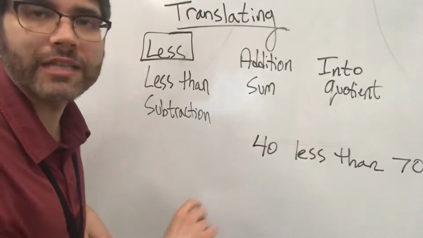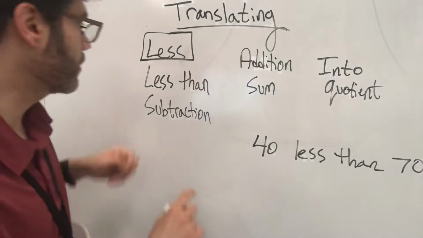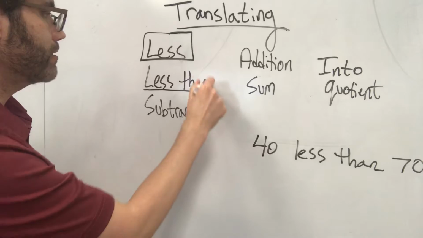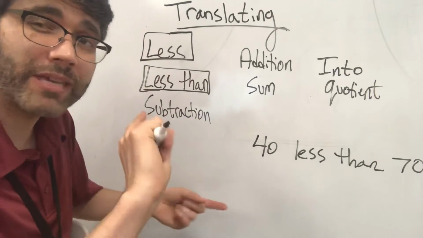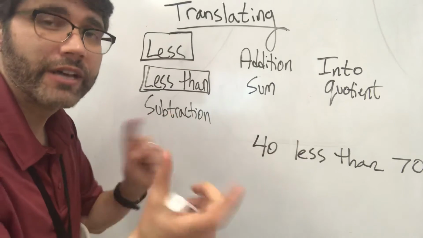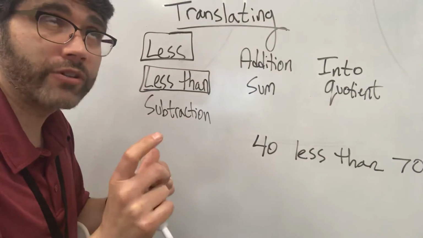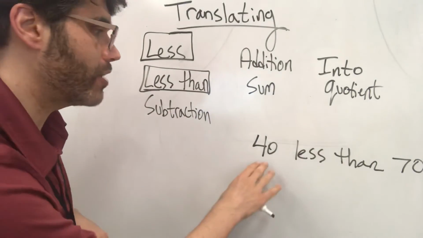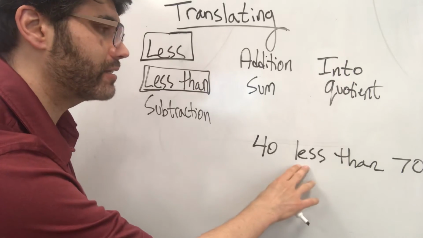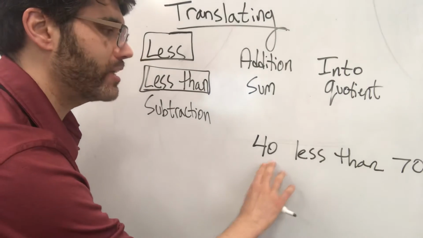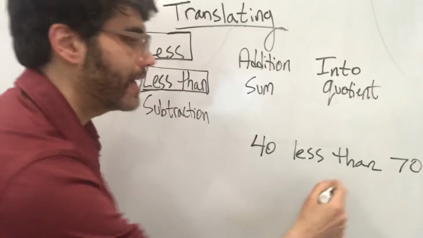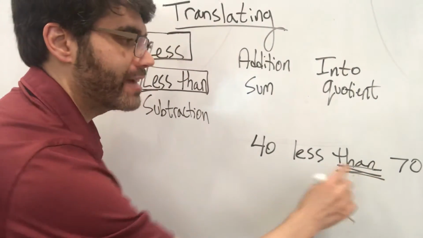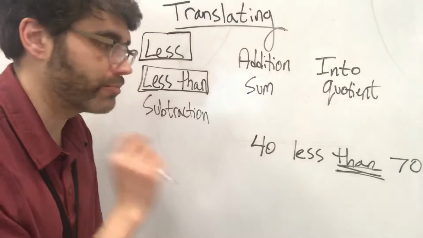If we had 40 less than 70, this less than is very important to think about subtraction, but maybe switching it. If you're someone who might tend to say, okay, 40 less 70, oh, that's 40 subtract 70, then that would be wrong. Less than, the than is a very important word.